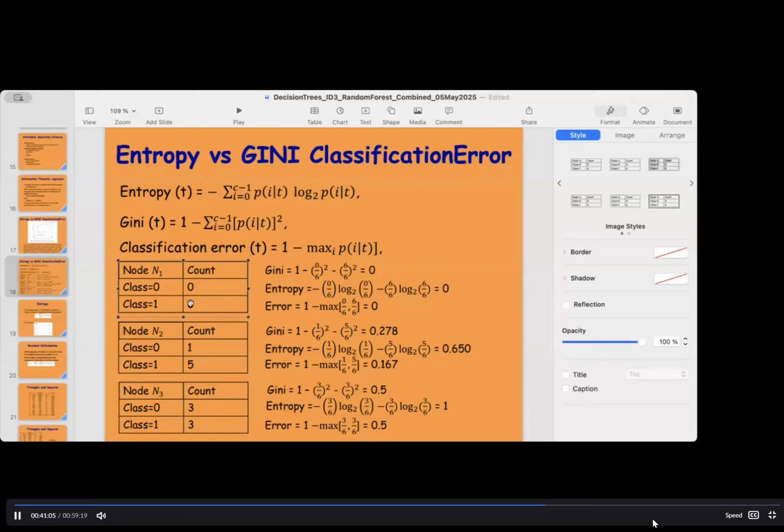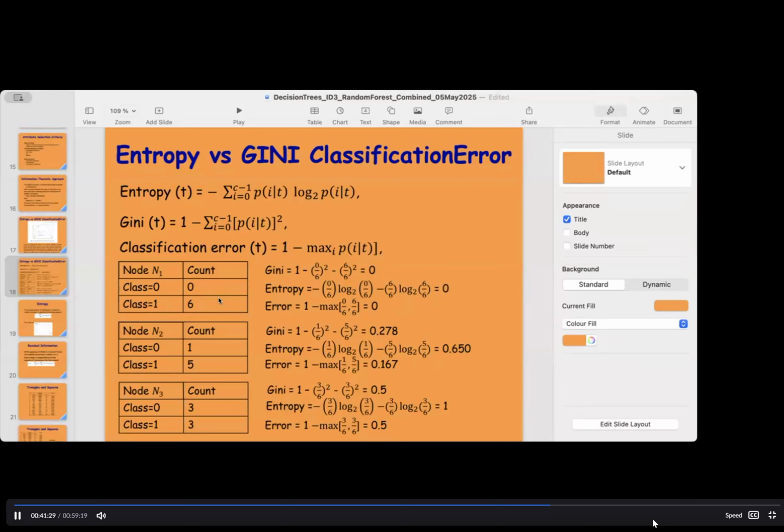So if we have 6 samples, 6 of them are of class 1, and no matter which measure we compute, we'll end up with a value of 0 for that measure. That gives us the most pure split because there is no residual information and we have the highest information gain.